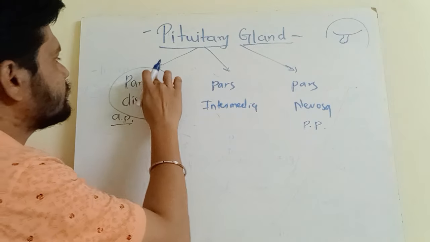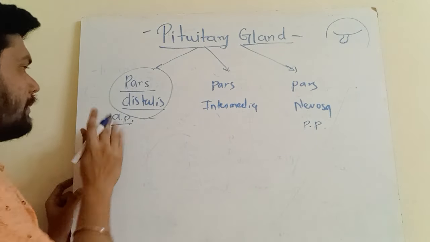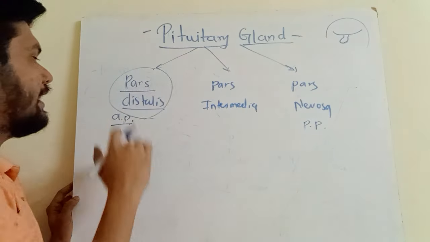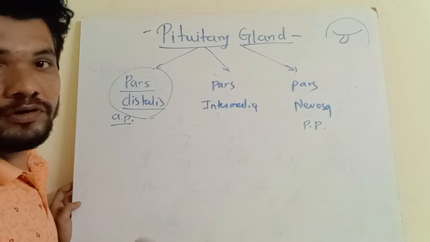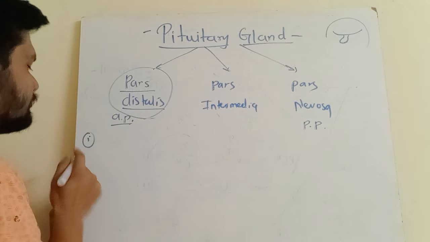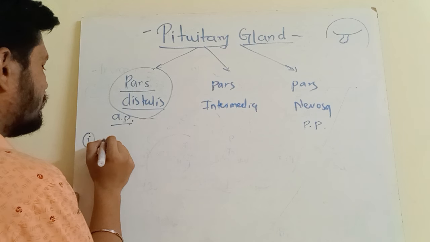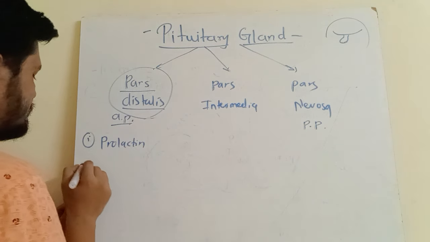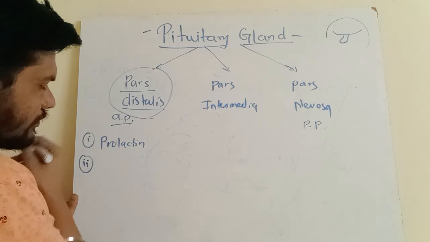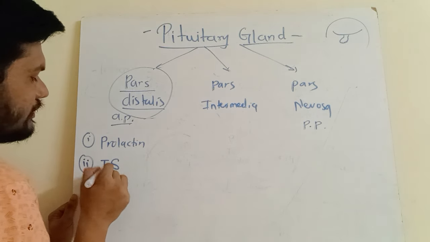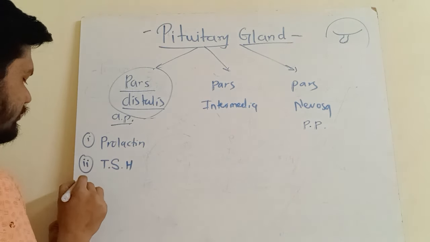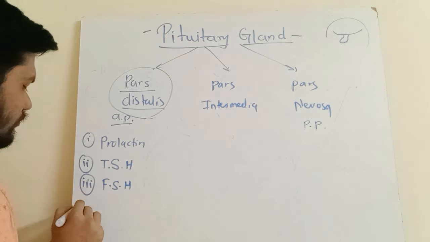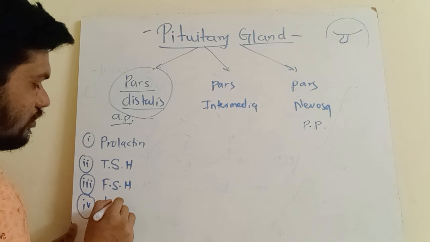So let's study the hormones secreted by each region of the pituitary gland. First is pars distalis. Pars distalis secretes most of the hormones secreted by the pituitary gland. The total of six hormones you have to remember here. The first one is prolactin. The second is TSH, thyroid stimulating hormone. Third is the follicle stimulating hormone. Fourth is the luteinizing hormone.